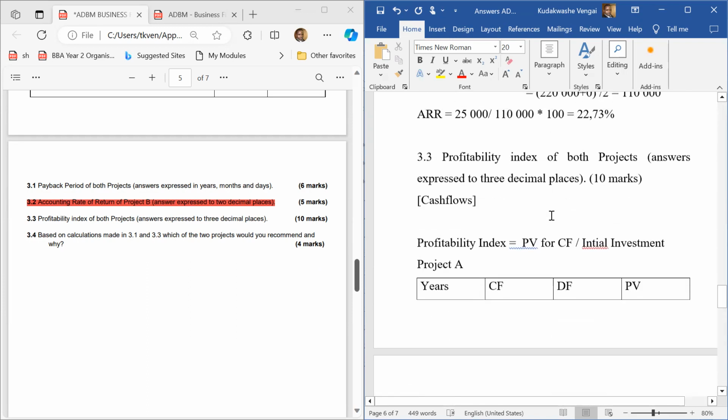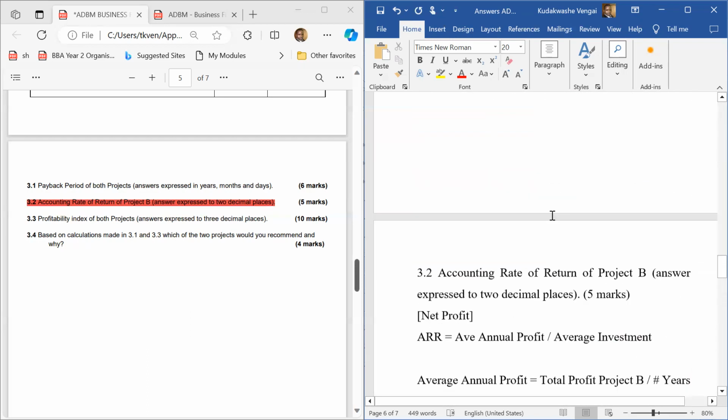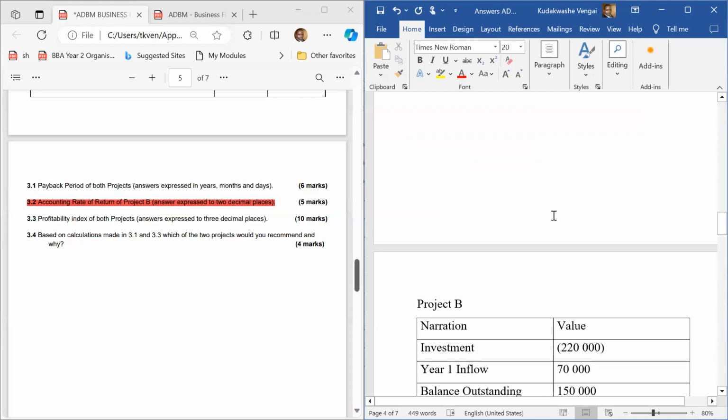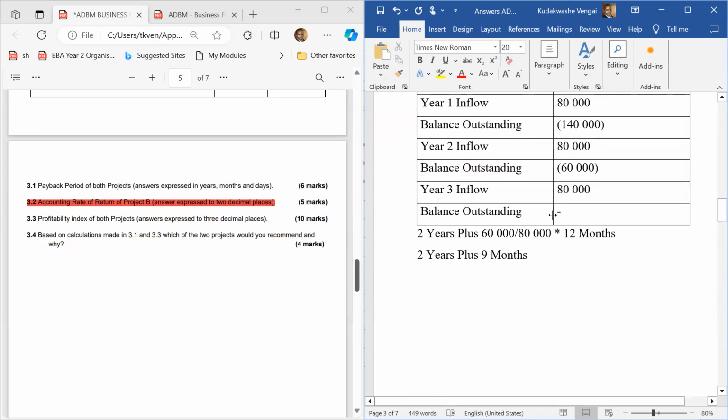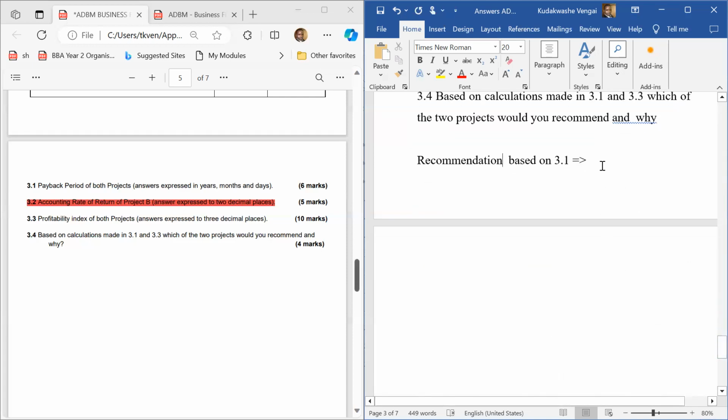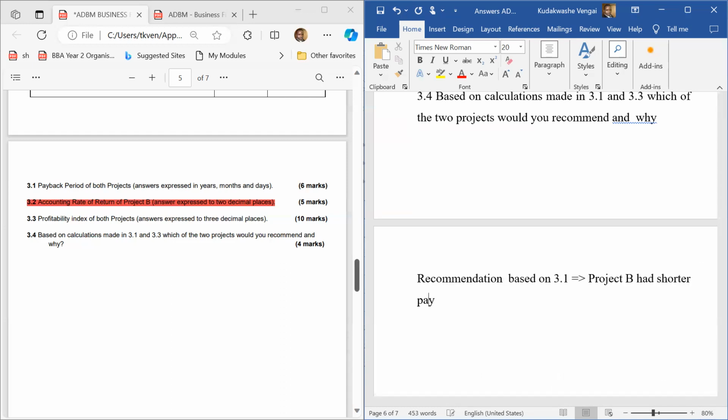The shorter the payback, the better the project. So which of the two projects had a shorter payback period? Project B was 2 years, 6 months, 20 days. Project A was 2 years, 9 months. Therefore, project B was the better project. So you can write here, project B had a shorter payback period, so you want to choose project B.